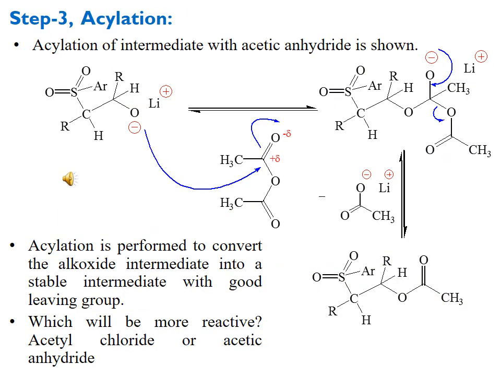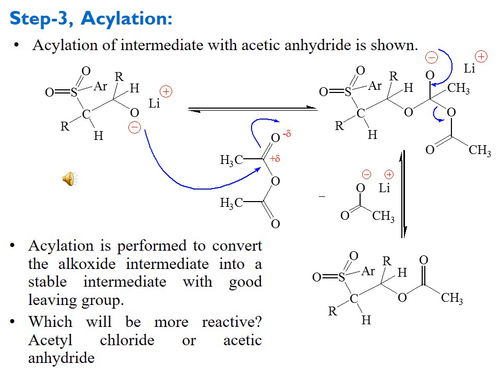Here is the third step of this reaction, the acylation of the intermediate with acetic anhydride. The mechanism for the acetylation through acetic anhydride is shown here, and as we discussed earlier, the acylation is required to convert the alkoxide ion into a stable good leaving group.